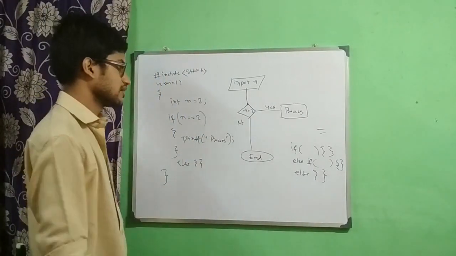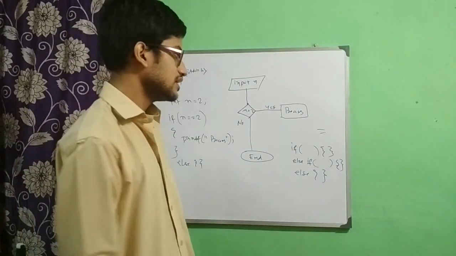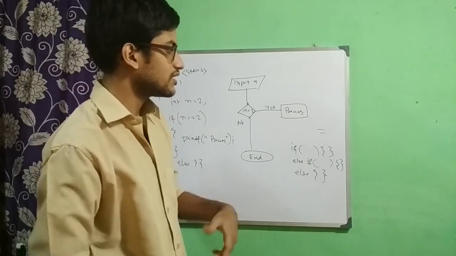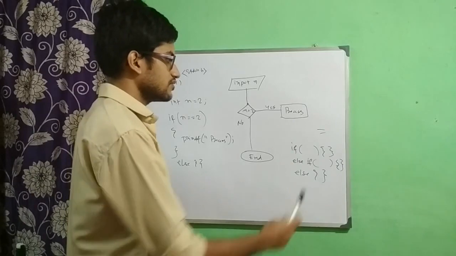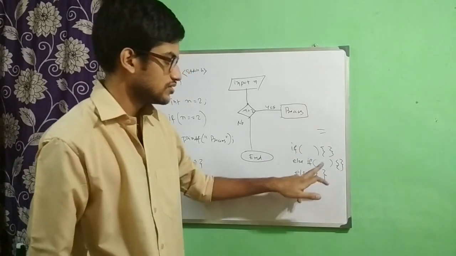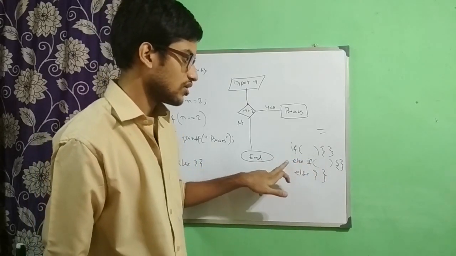This is an expression. If that is true, then it will execute the statements within this block. Whatever I write inside this block will be executed if this expression is true.